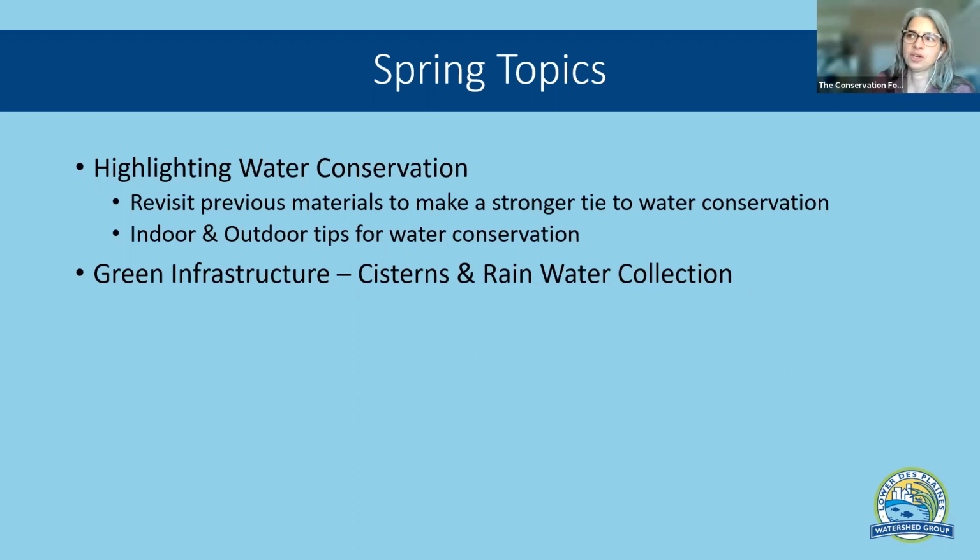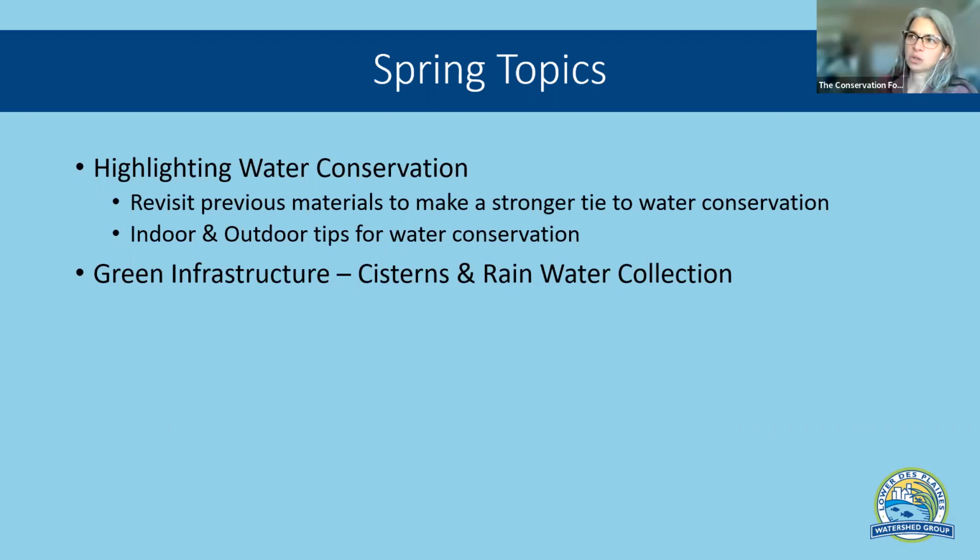We'll continue our green infrastructure series. This relates directly back to the MS4 requirements. Green infrastructure is something that you're supposed to have materials available for your residents on. We started out with what green infrastructure is last year, and then we've been adding on specific green infrastructure practices.